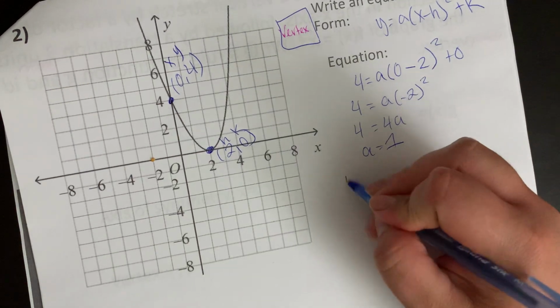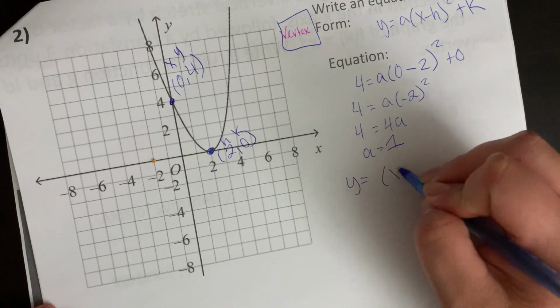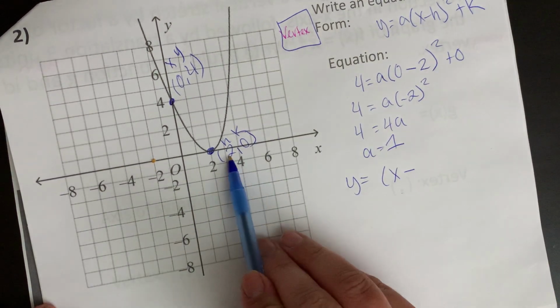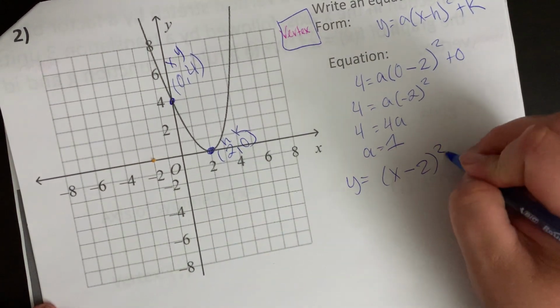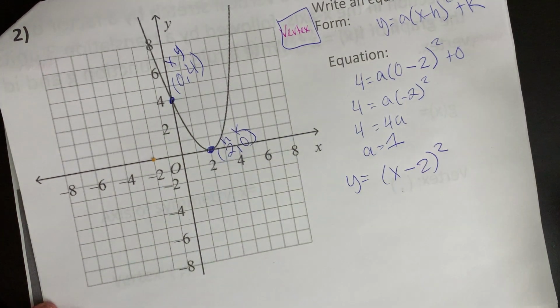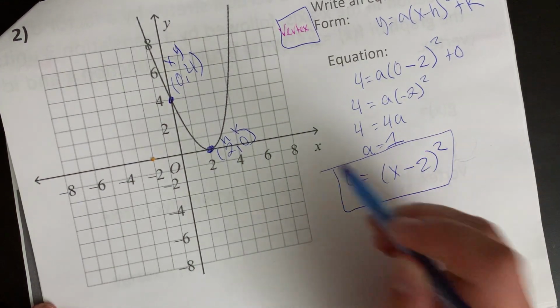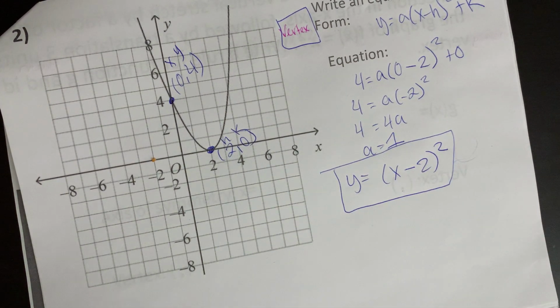So my equation is y equals, my a is just 1, so (x - h), which is a +2, squared. And because it's +0, I don't really need to put +0, right? So then this would be my equation in vertex form. If I wanted standard form, then I would have to do our box method, right?